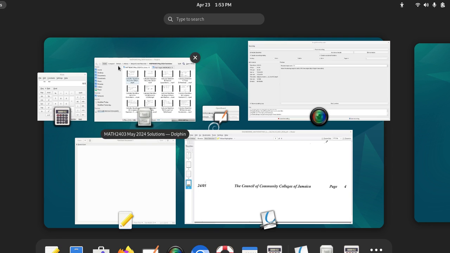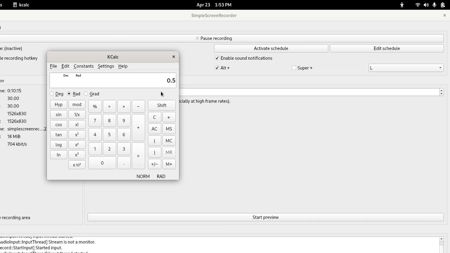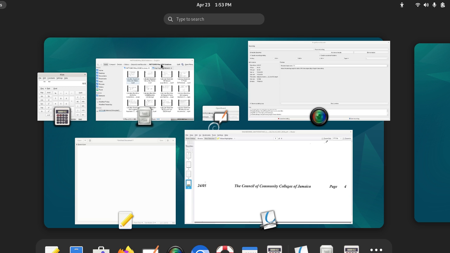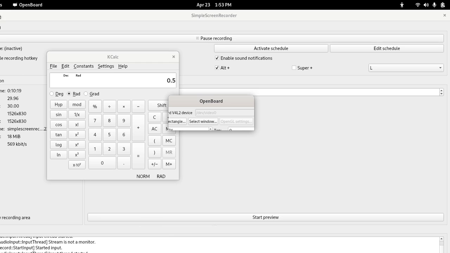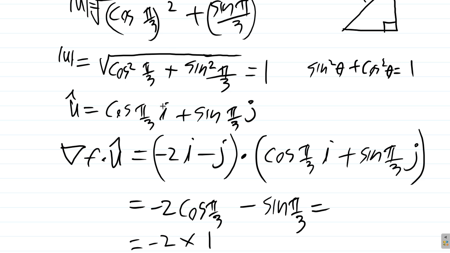I get lost in all of these apps that are open. Right, that's 0.5. So it's negative 2 by 0.5.